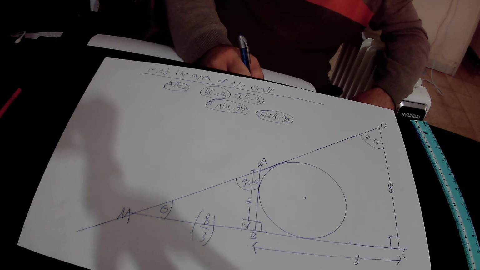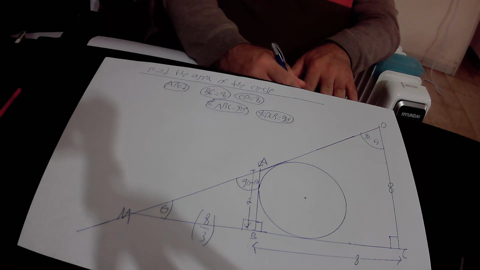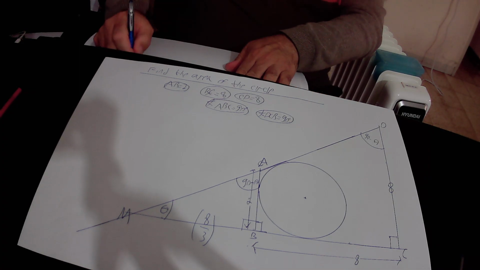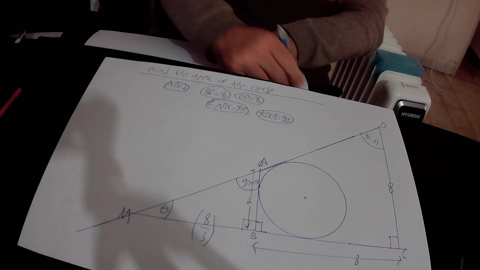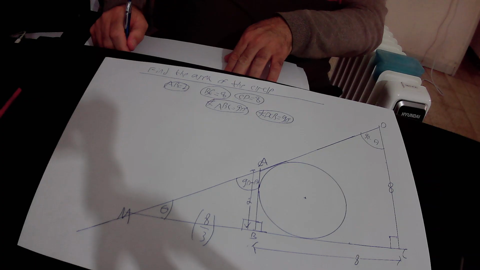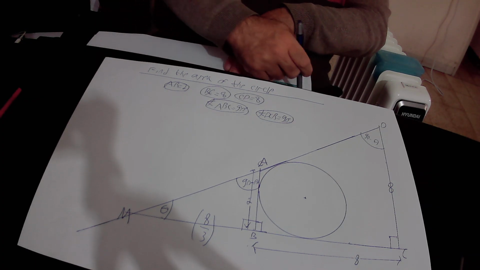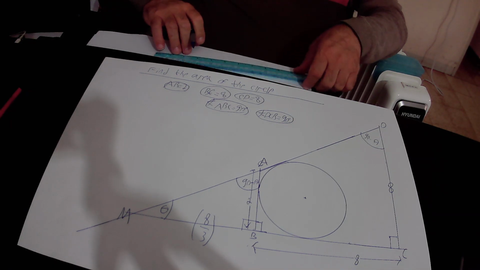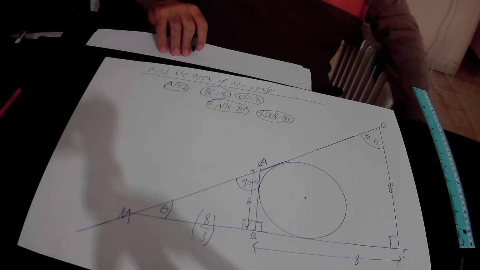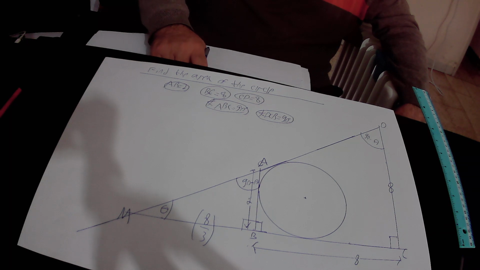PT is the abbreviation for Pythagoras theorem. According to the Pythagoras theorem, in any right triangle, the square of the hypotenuse equals the sum of the squares of the perpendiculars.